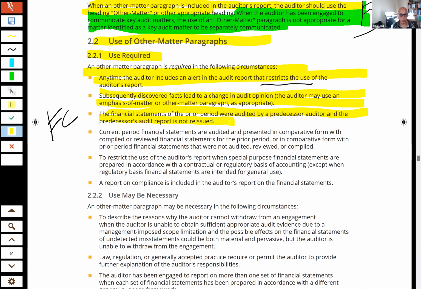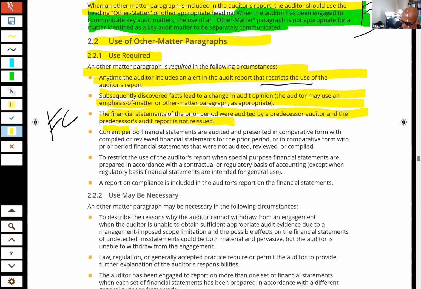Well, when I issue my report for 2023, assuming those statements were comparative, I would have to call out that there was another auditor involved in the 2022 statements. If I call that out in my report, I would use an other matters paragraph to communicate that. We'll talk more about that coming up, but flashcard that now, as that would be required.